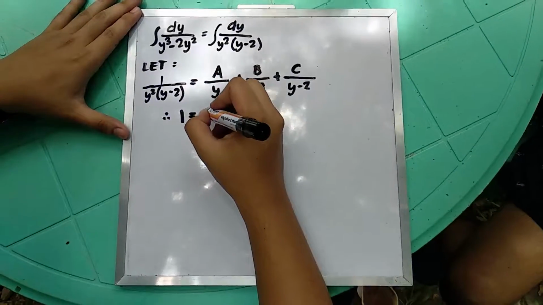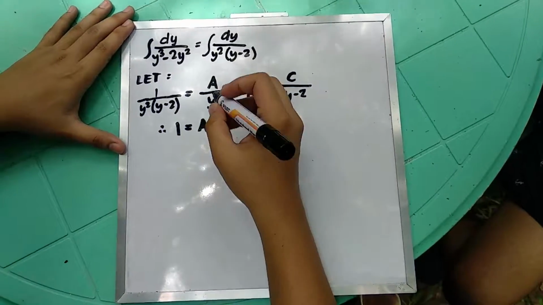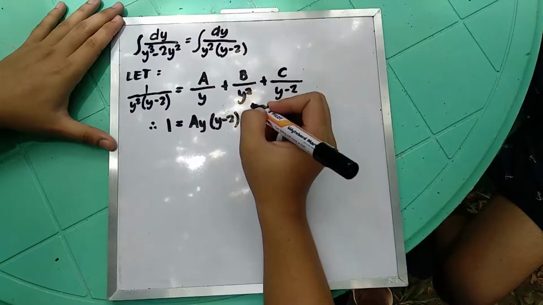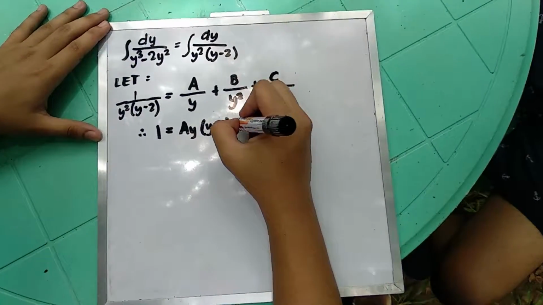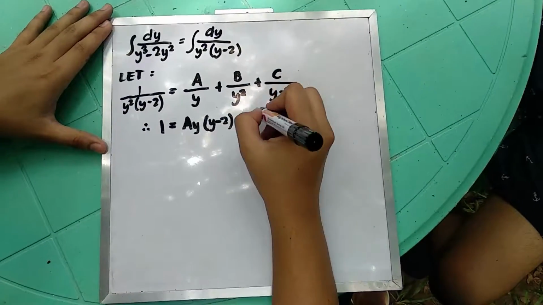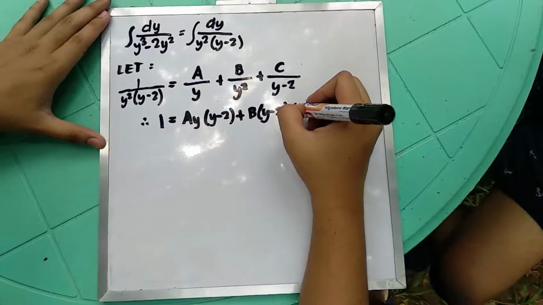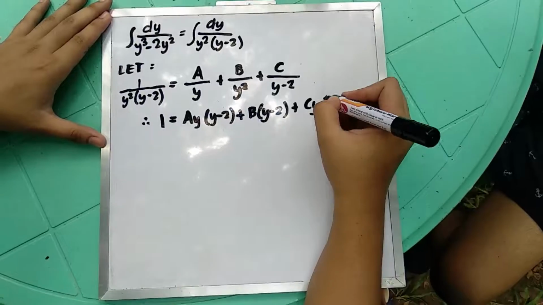Therefore, 1 is equal to Ay(y minus 2) plus B(y minus 2) plus Cy squared.